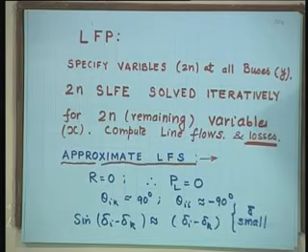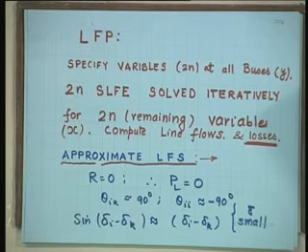Load flow problem. What we do, as all of you know, is specify 2n variables at all the buses. We call that a vector y, and we solve 2n SLF equations iteratively, because we can't solve them in a closed form manner. The remaining 2n variables are also known once the equations are solved.